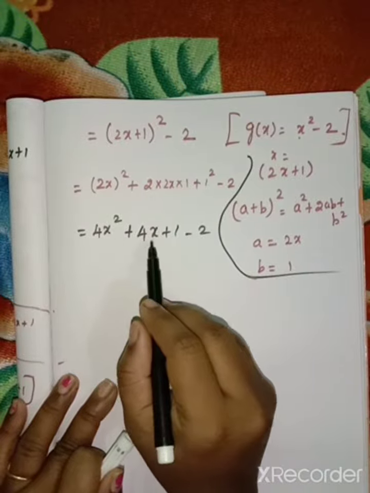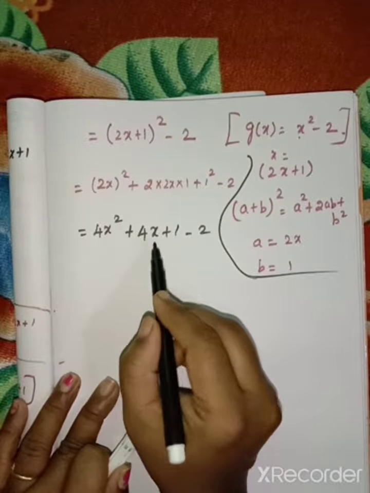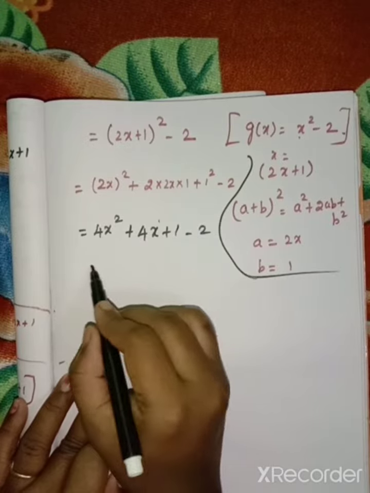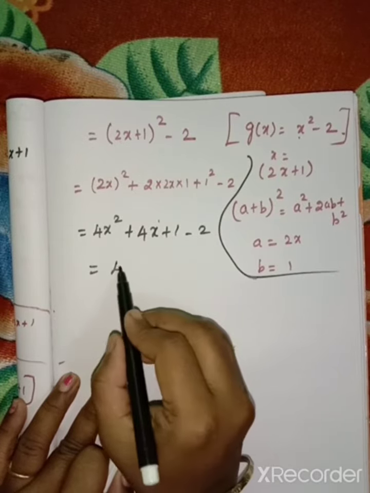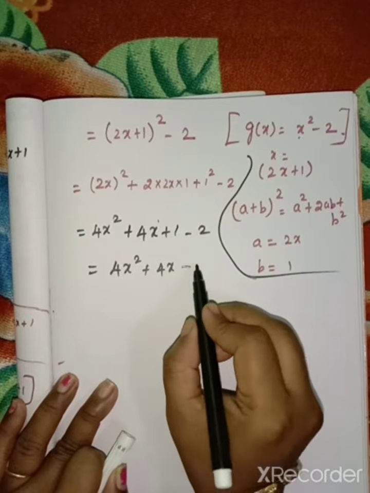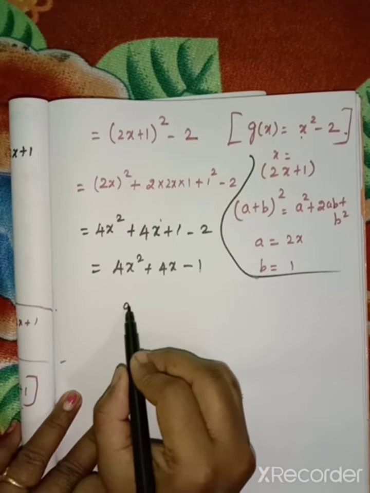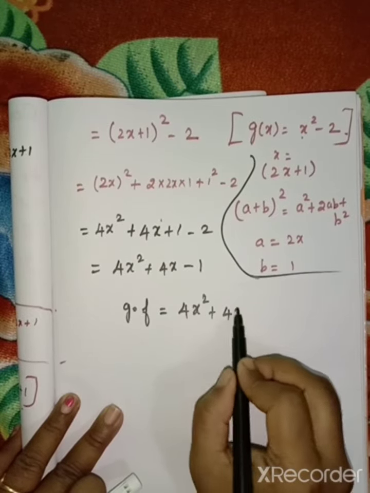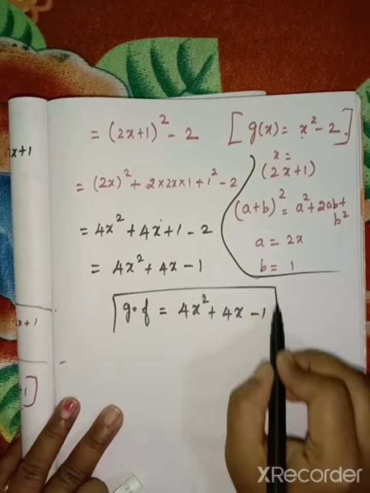The other two are different because here the power is 2 and here the power is 1, so both are different. We can't add or subtract, so write as it is: 4x squared plus 4x minus 1. So g of f equal to 4x squared plus 4x minus 1.